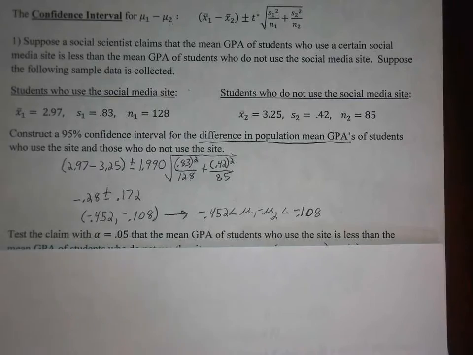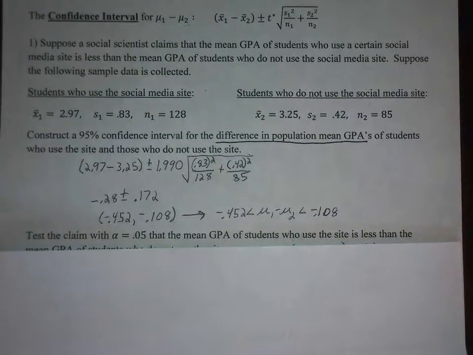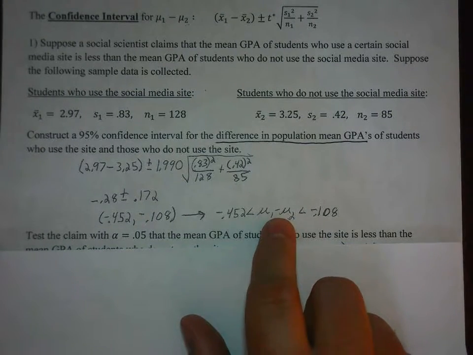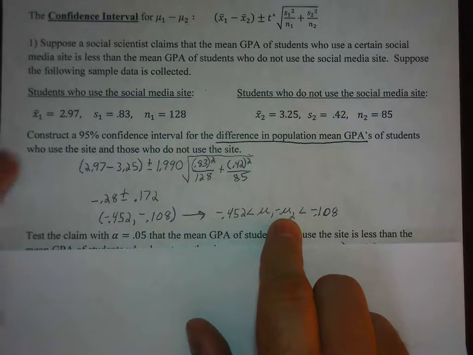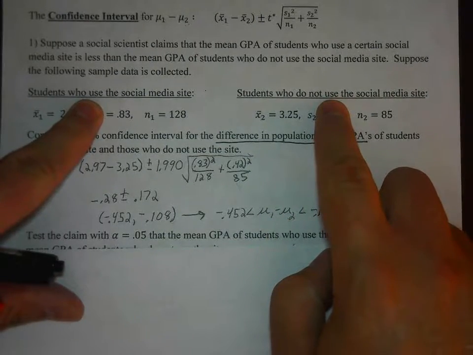One thing I'll bring up now that I didn't ask is we can look at that and say, well, whoop-de-doo, we have a confidence interval. So what does it mean? When you subtract the means, mu1 minus mu2, you're taking those who use the site minus those that don't use the site.